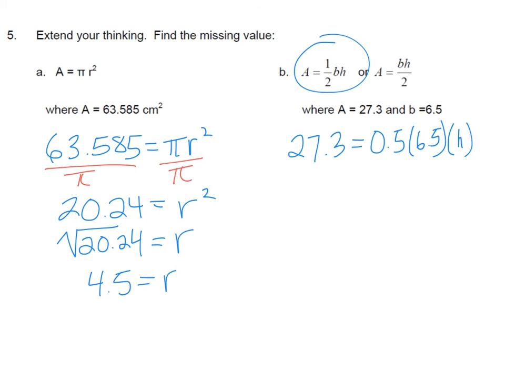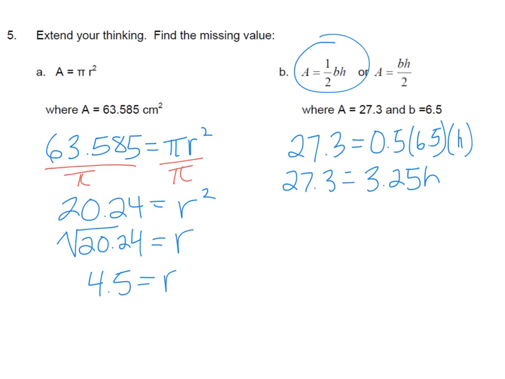So to do this, first I'm going to multiply 0.5 times 6.5, so I can just make it into one number. And once I've done that, I get 3.25. So I write out 3.25h.